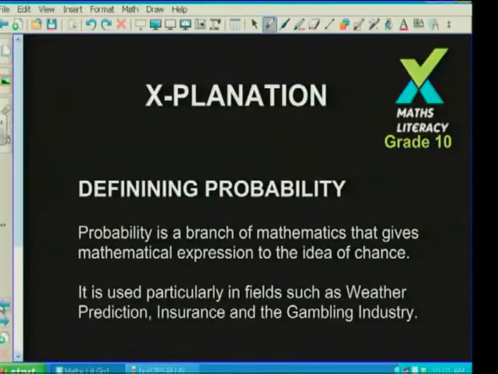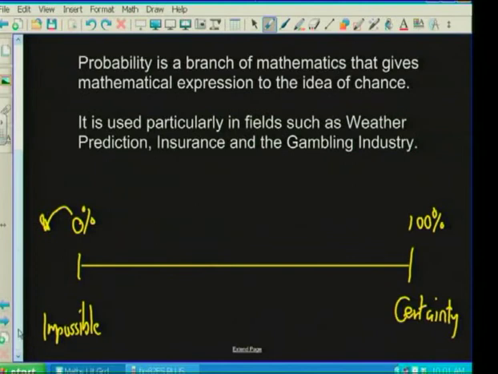Just as a point of noting here, you can actually use either of them or all three of them when you're expressing probability in your answers. You can leave it as a percentage, you can express it as a decimal, and you can express it as a fraction. Just going back to that page where I drew the line, we had the percentages 0 to 100 on our line.